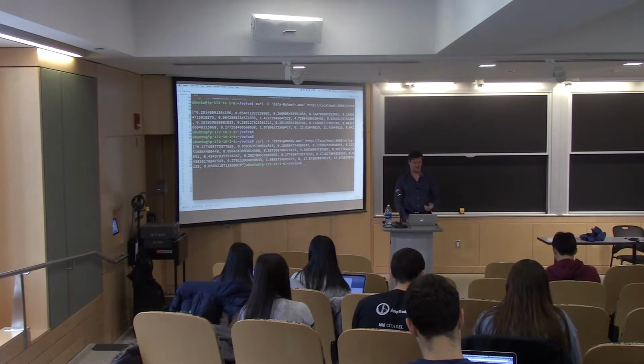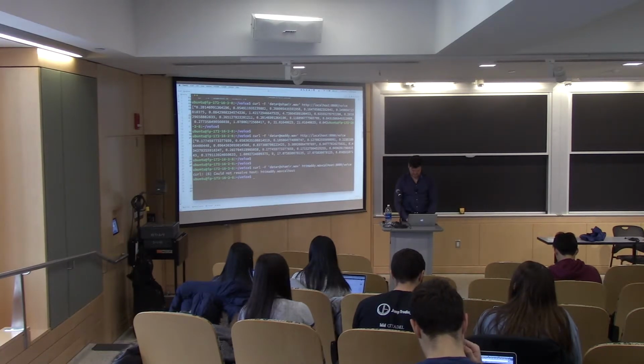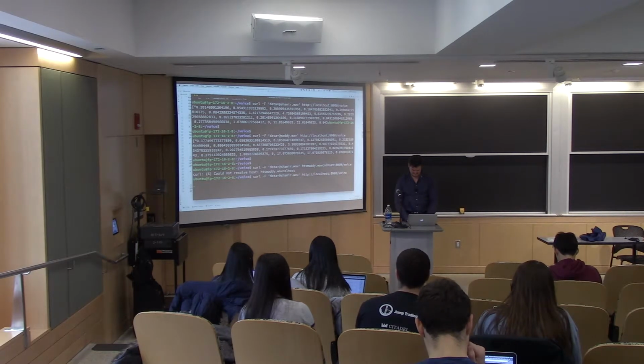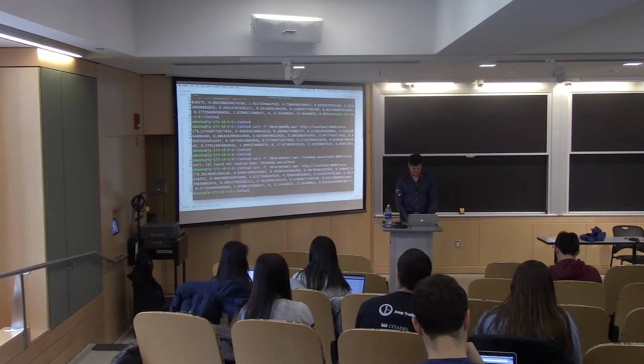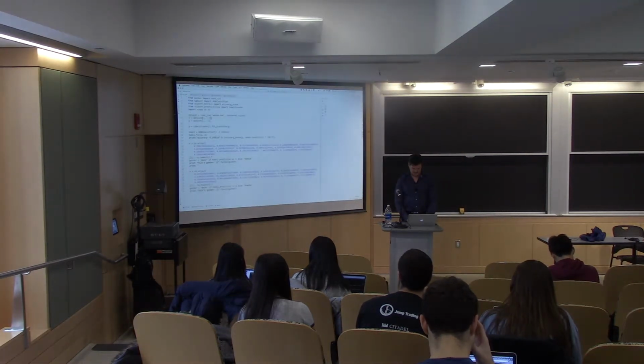Okay, so we got measurements for both voices. These are the properties for Shamir. So paste those things here.